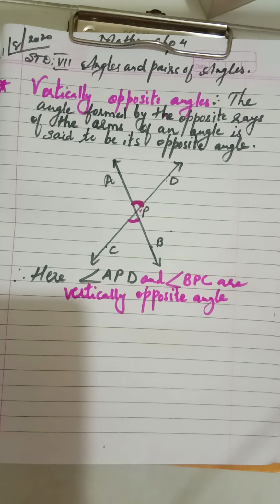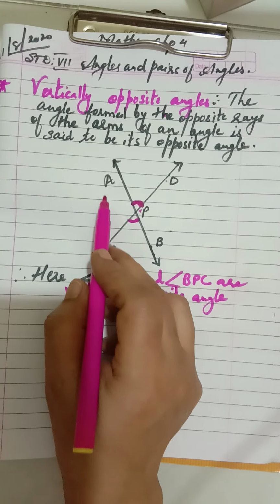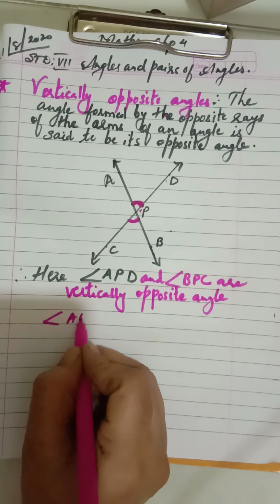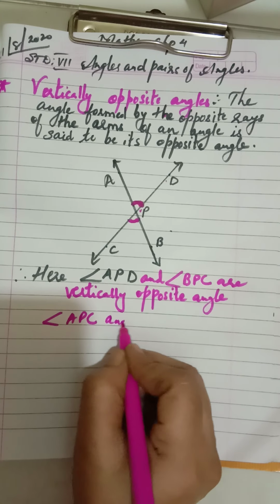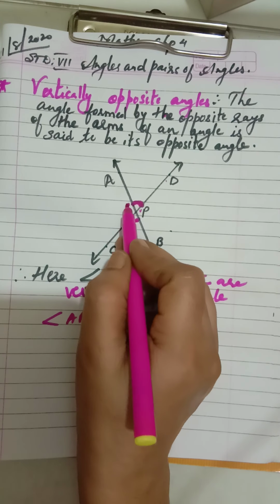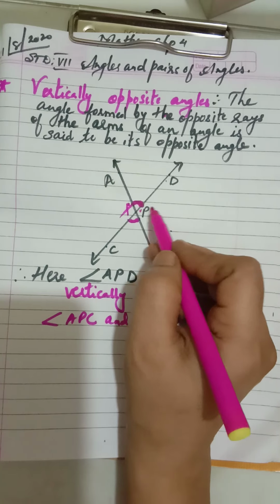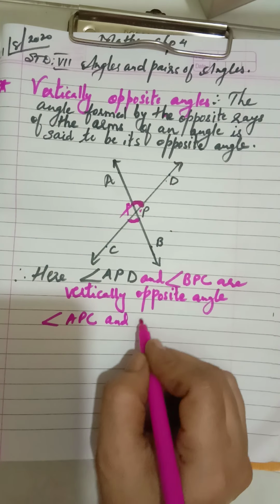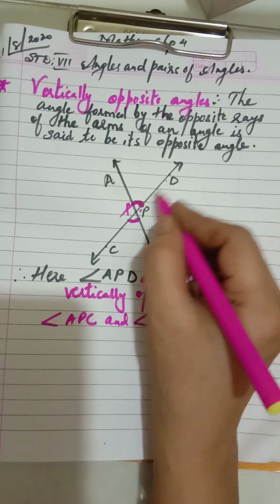Same way we will get one more pair of vertically opposite angles, that is APC. Angle APC, so we are speaking about this angle. This angle and its vertically opposite angle will be this angle, that is DPB, or you can write BPD also.